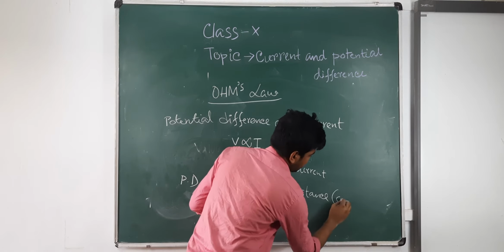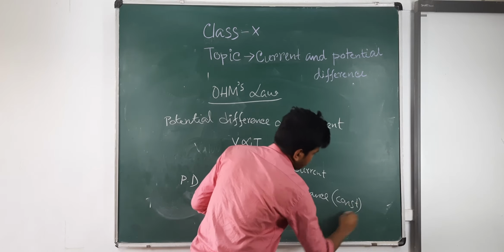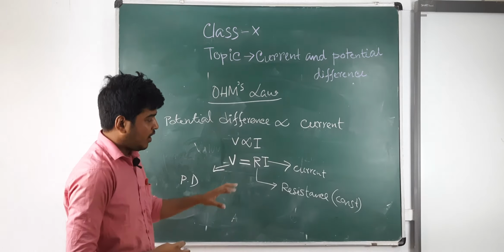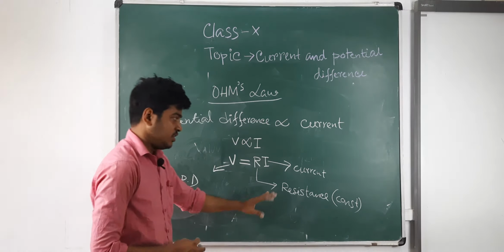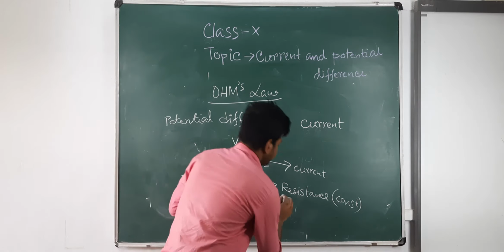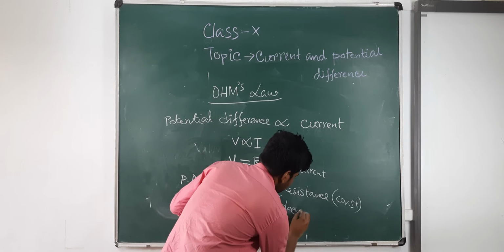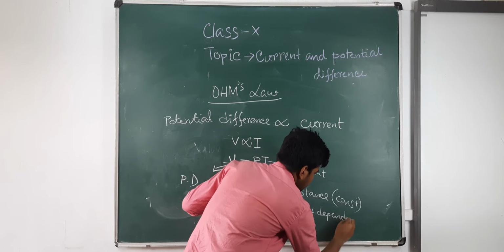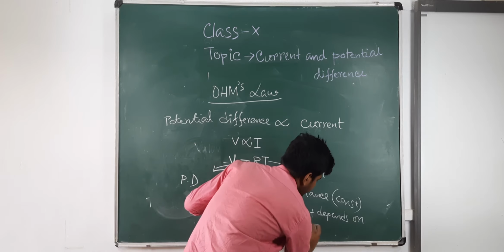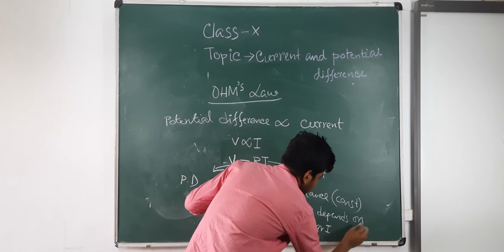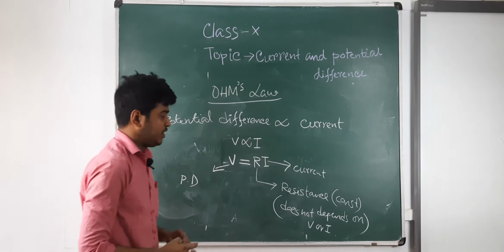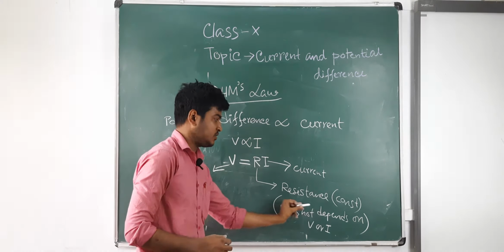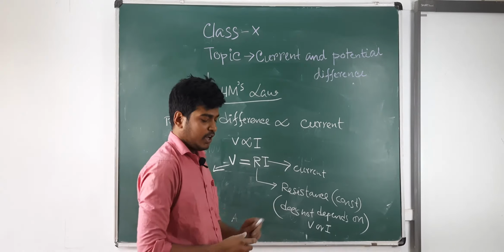This is a constant. That means R is the resistance. R does not depend on V or I, the current and voltage. R does not depend on V or I.